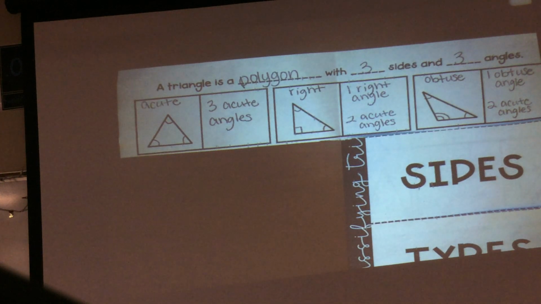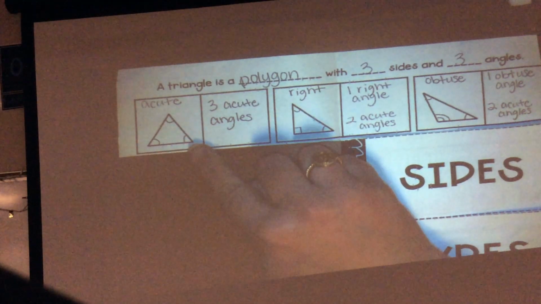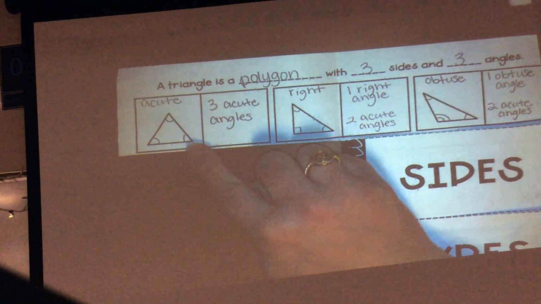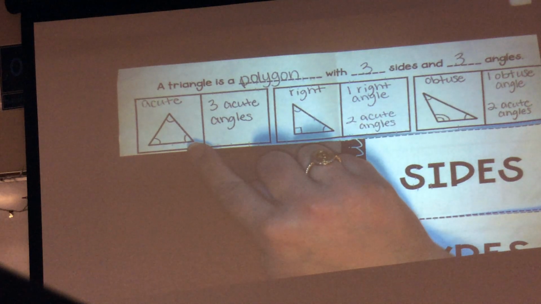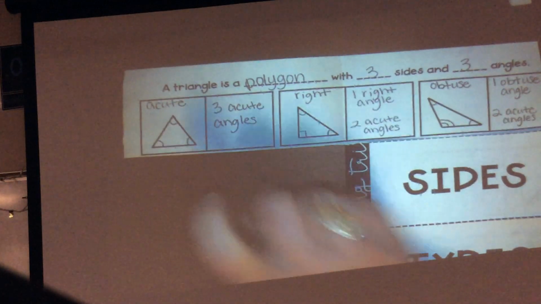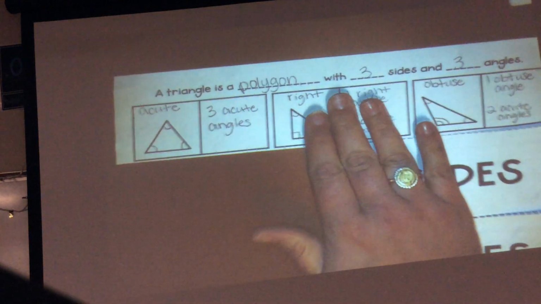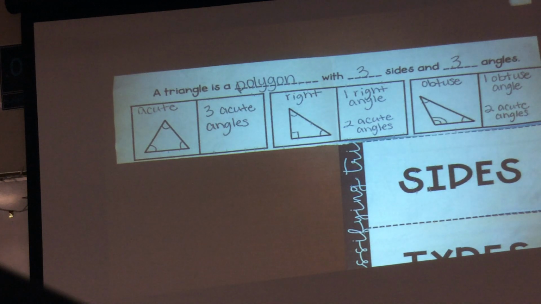When we classify angles, we are looking at the largest angle. If the largest angle on my triangle is acute, that's how I'm classifying it. If we're classifying it by acute angles, that means all my angles are acute. Acute is less than what degree? Less than 90, okay?